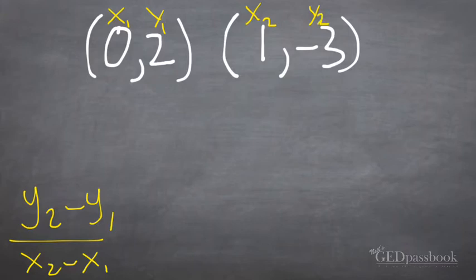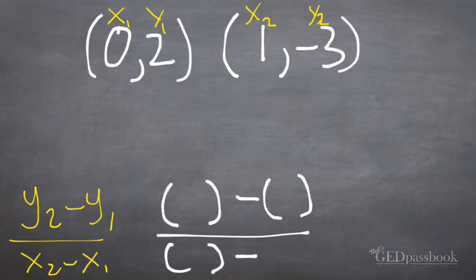So, tell me, my friends, let's write it out. Let's input these numbers into the formula. What should go into my y2 section? -3. Oh yeah, and I forgot to tell you, always do this, remember? Use parentheses to your advantage.